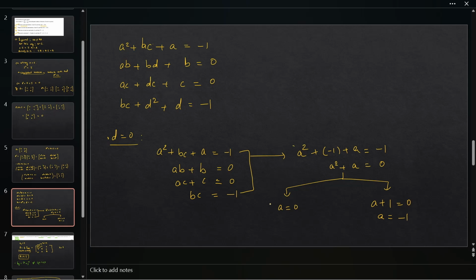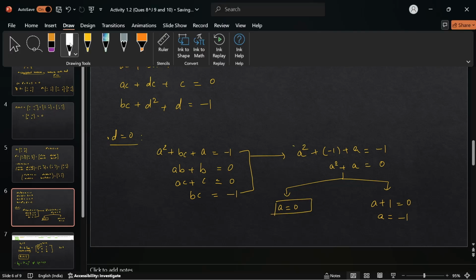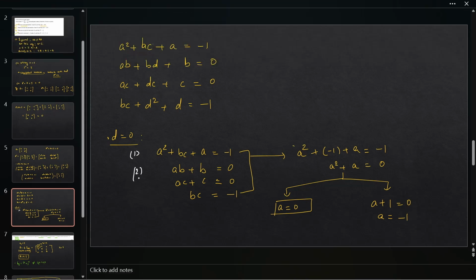Now let's check whether we can take A equal to 0 or not. So what will happen if we take A equal to 0? Let's name these equations. This is my equation 1, this is my equation 2, this is my equation 3, and this one is my equation 4. So if I take A equal to 0, I will get B equal to 0 and C equal to 0 from equation 3 and equation 2.